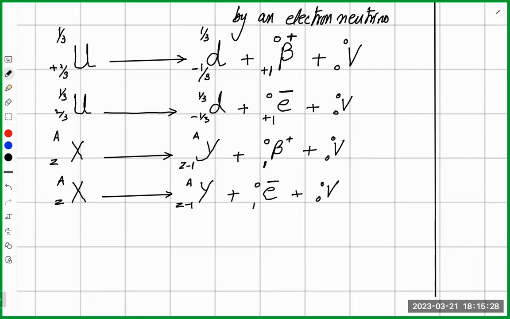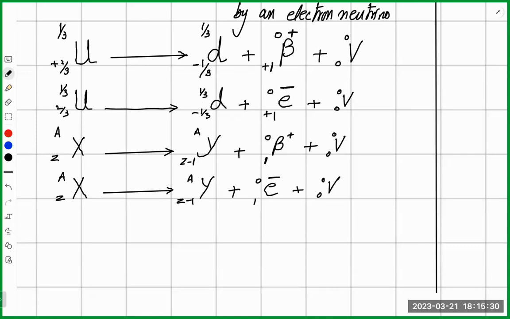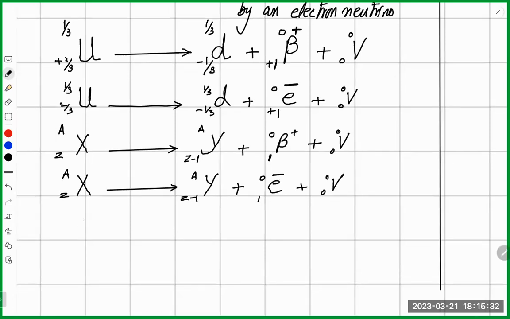Now, one other way is somebody can say that it is a proton with mass 1 and charge 1 that converts into what?